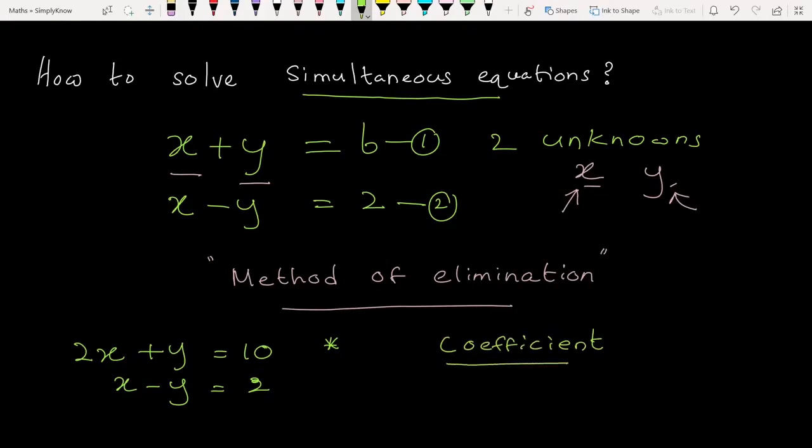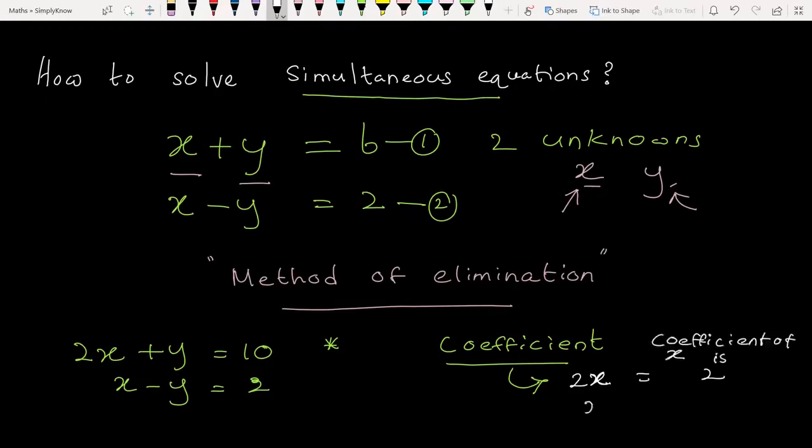Hope you know what coefficient is. Let me remind you. Coefficient is a number multiplied by the variable. For example, if I give you 2x, the coefficient of variable x is 2.